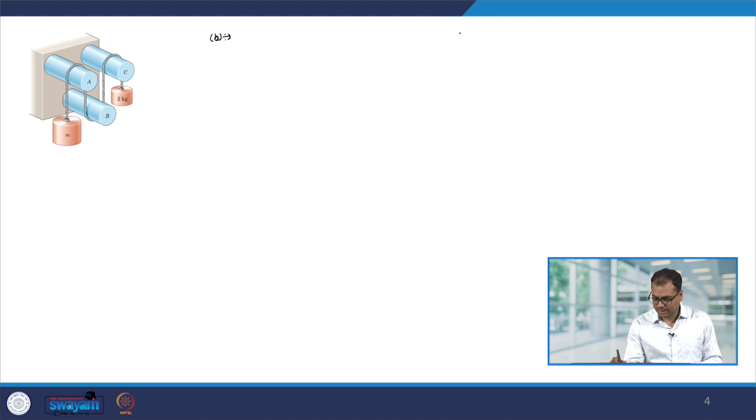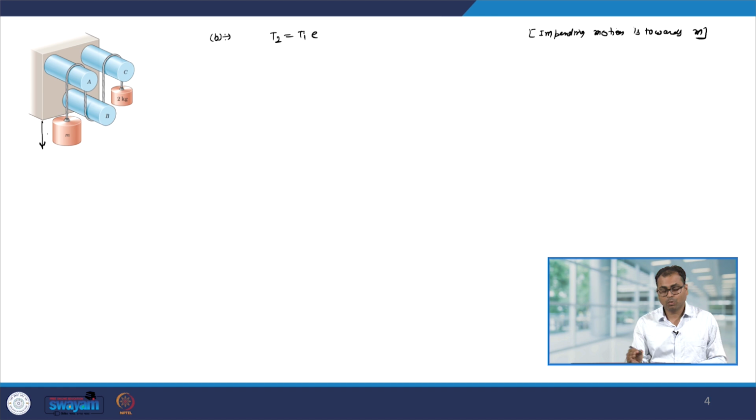Again, let us say that the impending motion is towards m first. So, therefore, we will have T2 equal to T1 e to the power total mu beta. So, let us say it is mu 1 beta 1 plus mu 2 beta 2. Okay. So, T2 will be mg. So, it will be T2 equal to T1, which is 2, into e to the power mu 1.